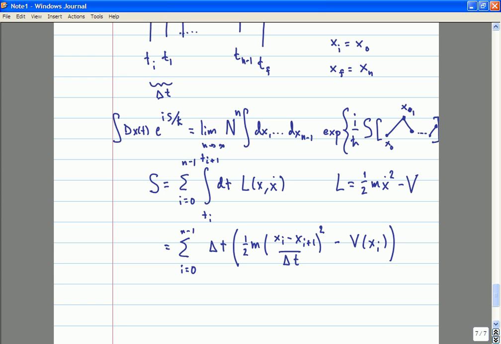Now, if you wanted to try and make this a little more accurate, you could take the potential at the point halfway between x_(i+1) and x_(i+2) or something like that. At the end of the day, we're taking the limit where delta t is very small, and so these points are very close to each other, so that's not going to matter. Everyone with me so far? Questions?